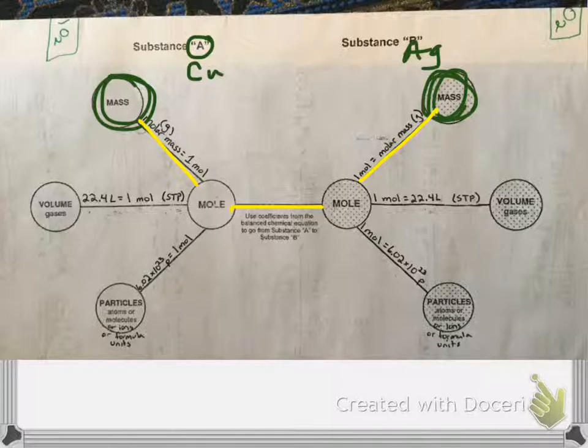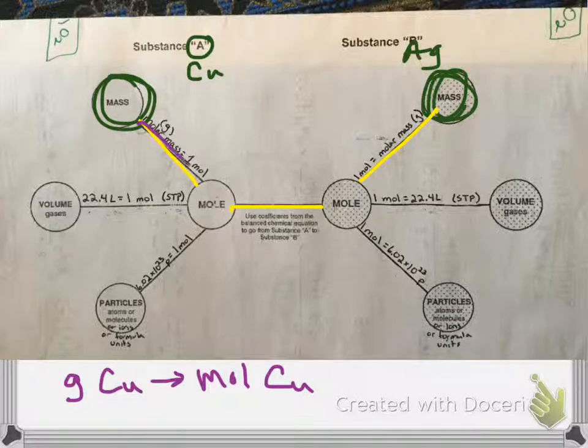Our first step, we're going to need to convert from grams of copper into moles of copper. So that's shown right here. This is our first step. In our second step, we're going to need to convert from the moles of copper into moles of silver. And again, that's right here.